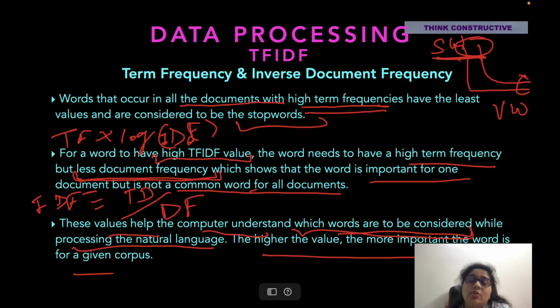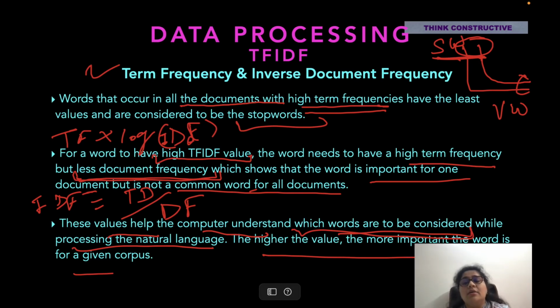Okay. And then to identify the higher value or the higher weightage word for the particular corpus. Okay. So everything is happening for corpus. Okay. So for corpus, what is the high value word? That can be identified with the help of TF-IDF.